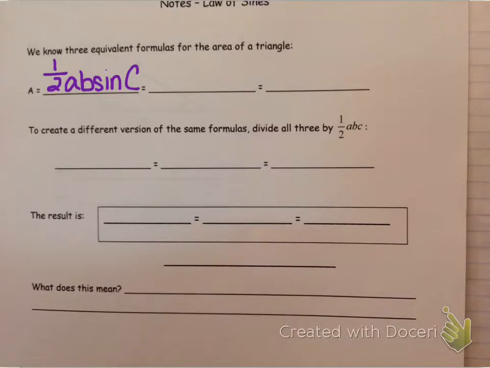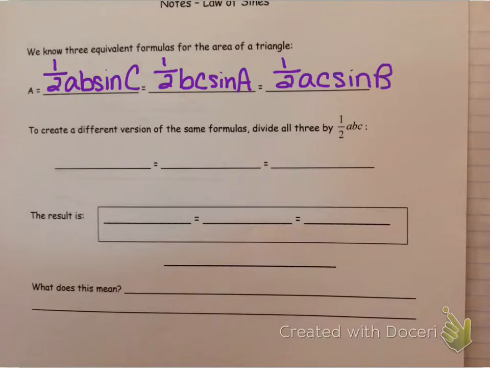So side A and side B meant angle C. The second version said that if you knew side B and side C, you would have to do sine of angle A. And the third version said that if you knew side A and side C, you would have to do sine of angle B.